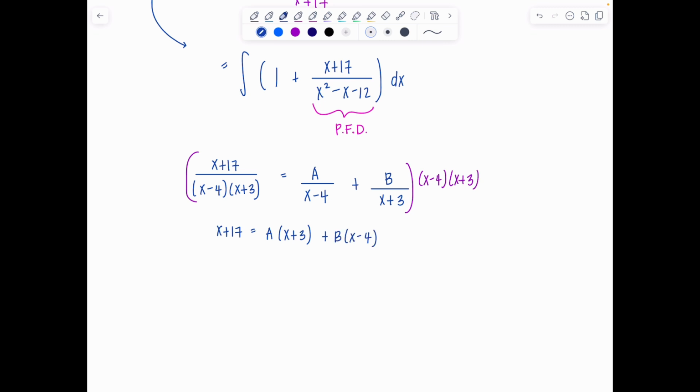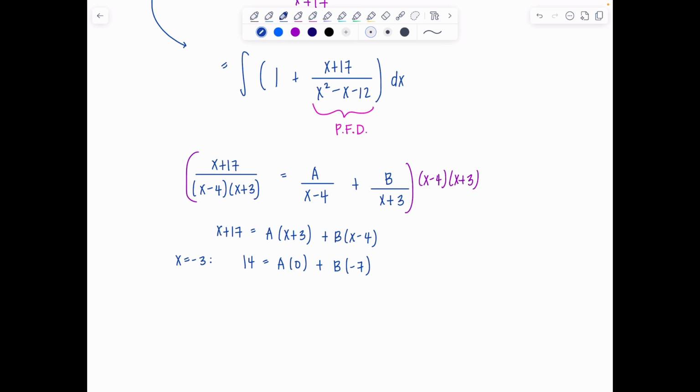Now, when you have all linear factors like this, what's a nice way to solve is you substitute in values for x that will make each of the factors 0. So I'm going to start off by substituting in x equals -3 everywhere. If you haven't seen this, it's great. So on the left-hand side, that would give me 14 equals A times 0 plus B times -7.